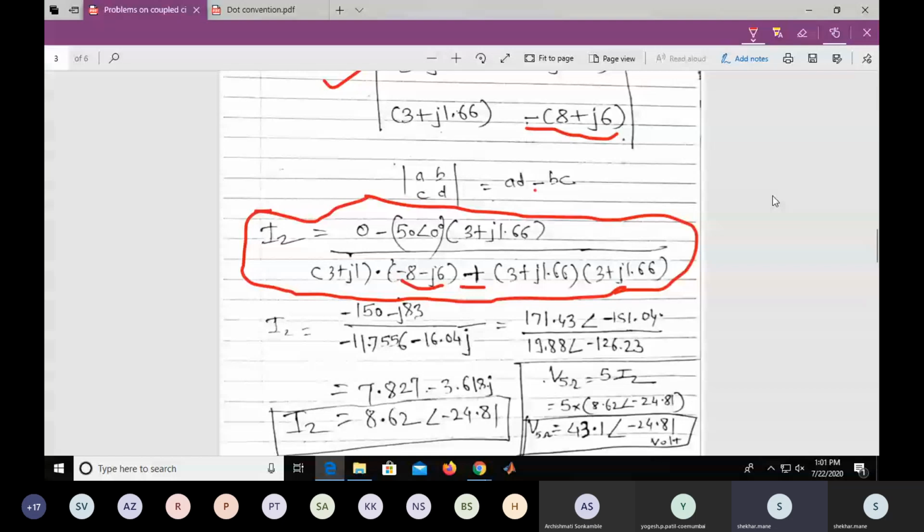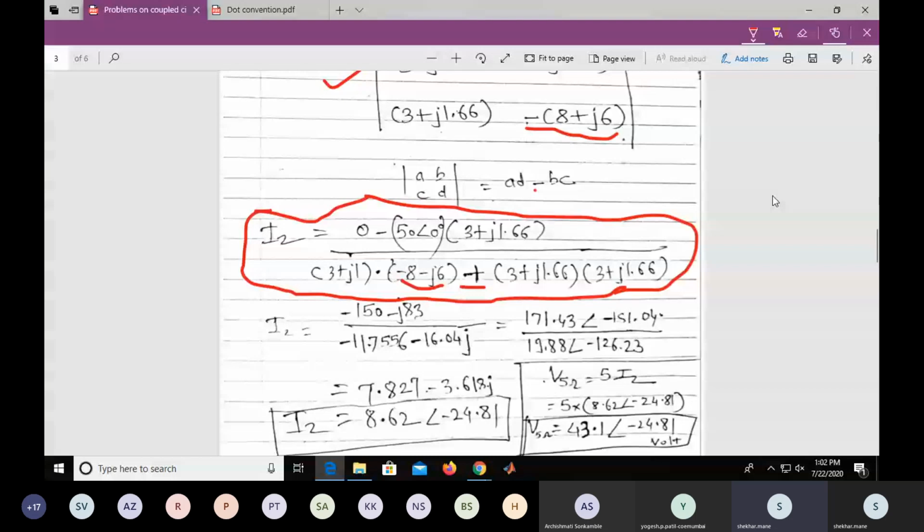But if you are using 991MS, then you can go step by step. This 50 angle 0 minus 50 angle 0 into 3 plus j 1.66 will give me minus 150 minus j 83. And then if I do this denominator separately, then I'll get minus 11.7556 minus 16.04j.